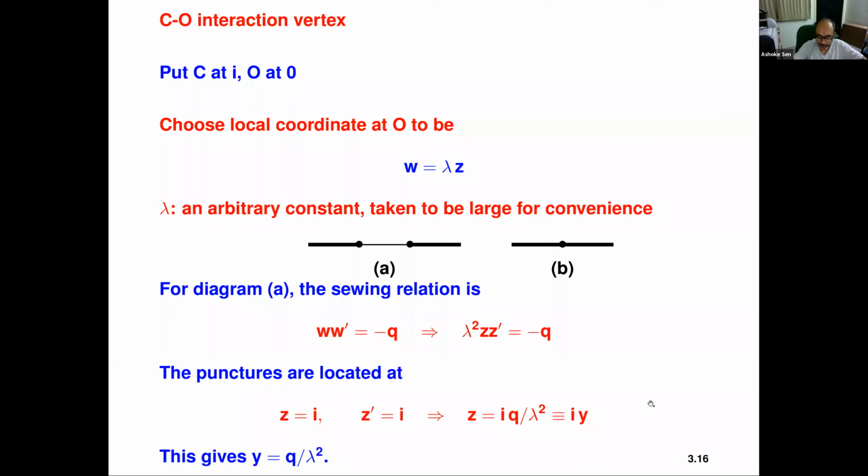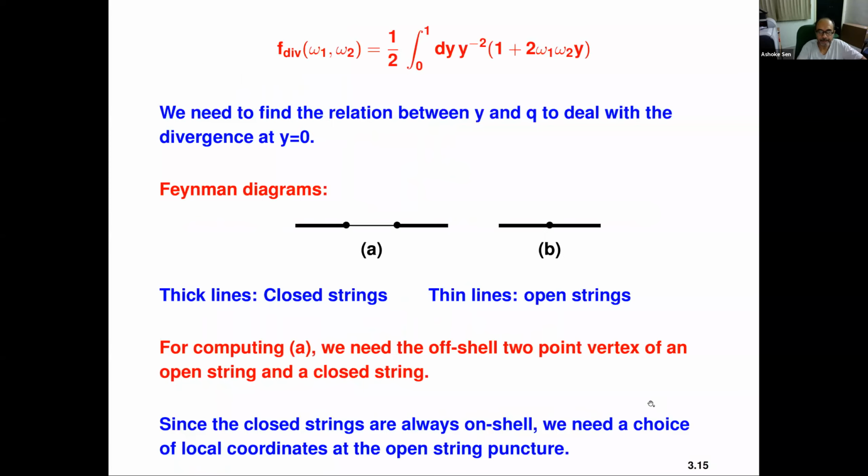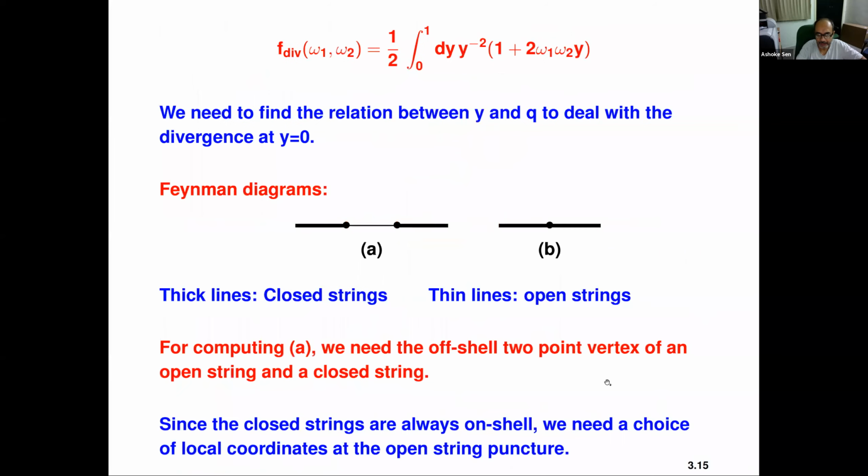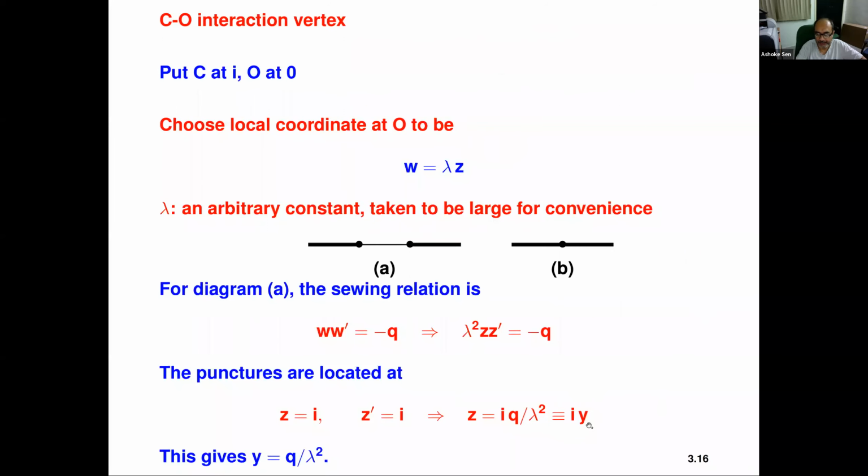But from the previous convention, we have declared that the punctures are at i and iy. This is the meaning of the variable y. So we declare that this is iy, and that gives a relationship between y and q, namely y is simply q over lambda squared. Is this clear?